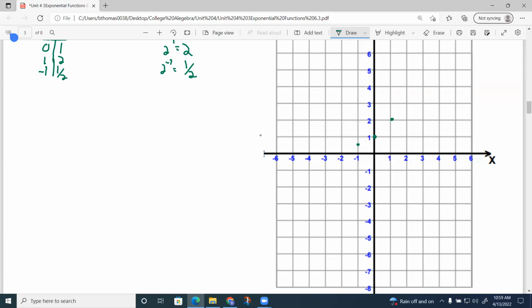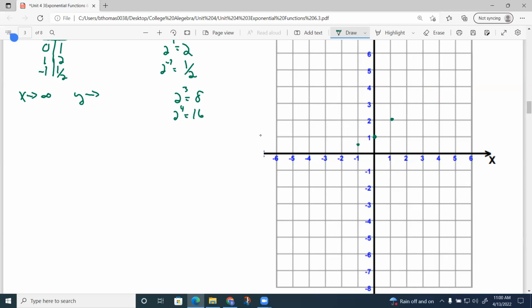What we want to know is what's going on to the far left, what's going on to the far right. I'm actually going to start with x going to the far right. So as x is getting larger, the question is what is y doing? What's y approaching? If I do 2 to the 3rd power, that's going to give us 8. 2 to the 4th would be like 16.